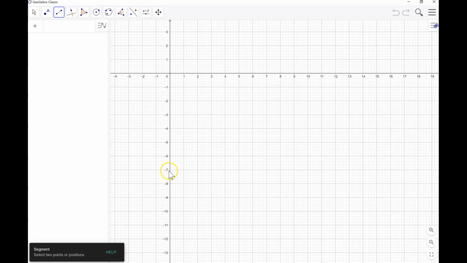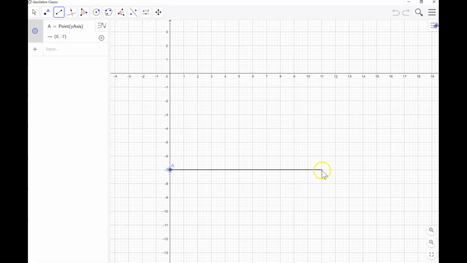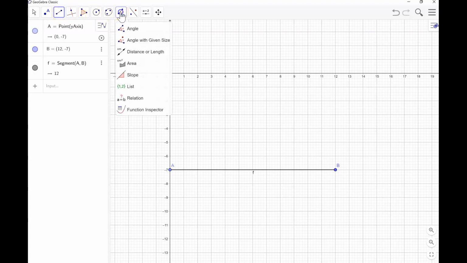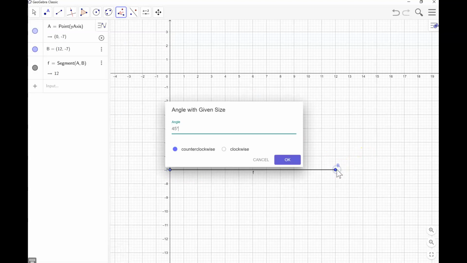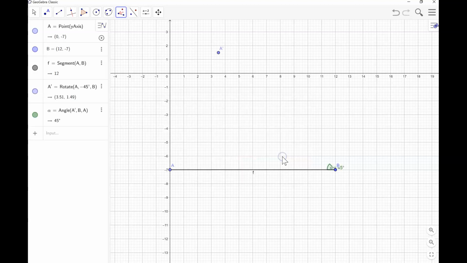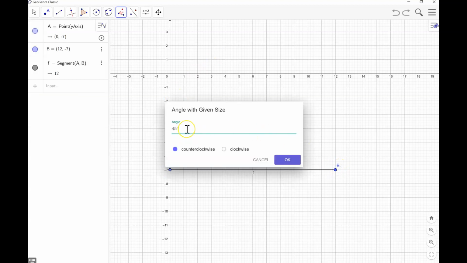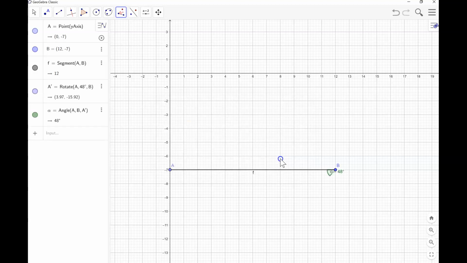All right, so let's say that we have this side that's 12, and let's say that this angle is 48.